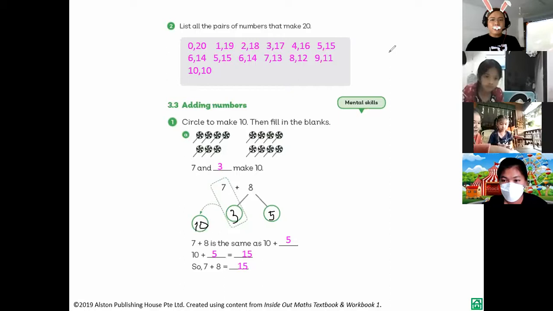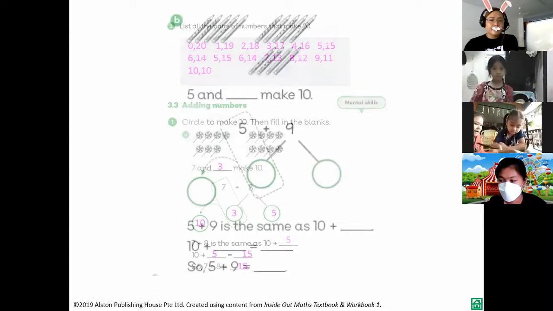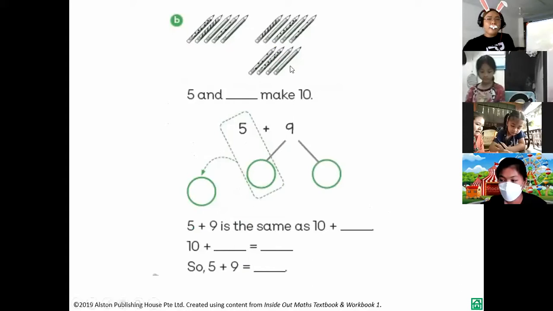Okay, let's proceed to number 2. Number 2, we have pencils over here, but how many pencils are there?